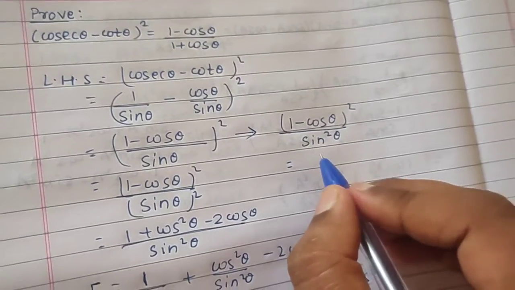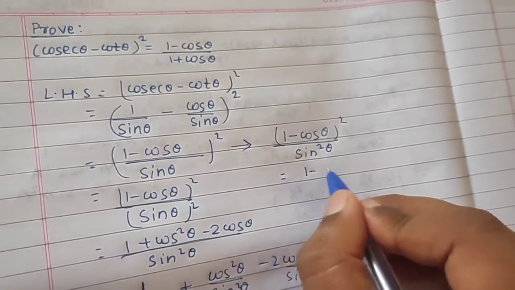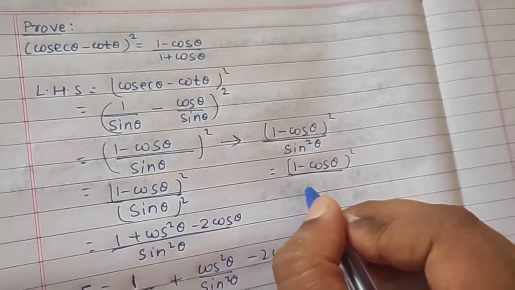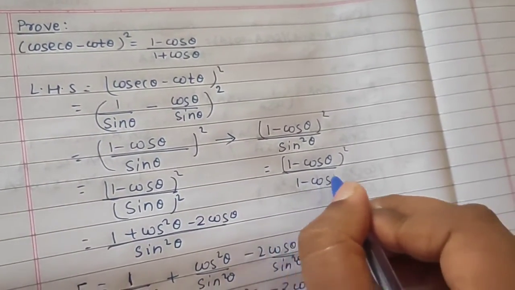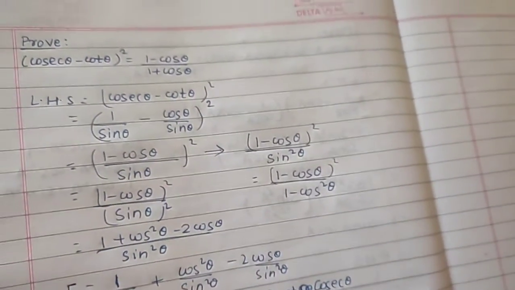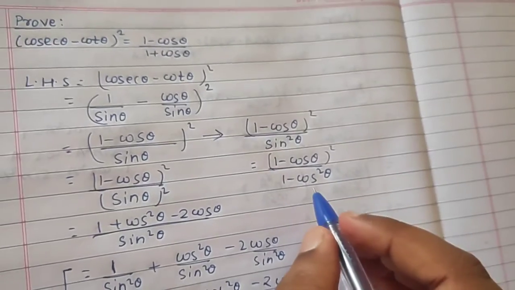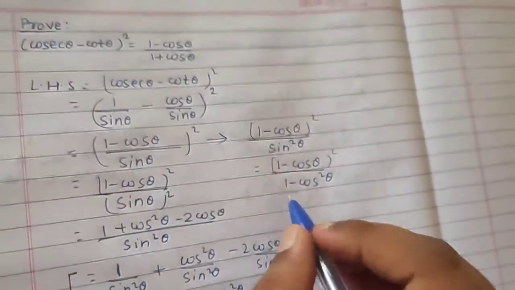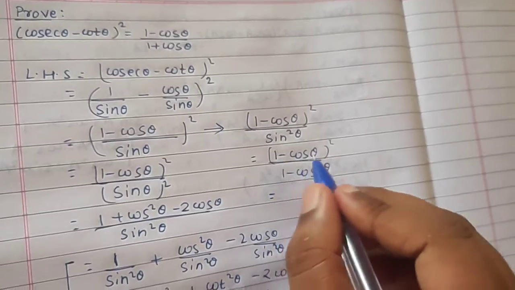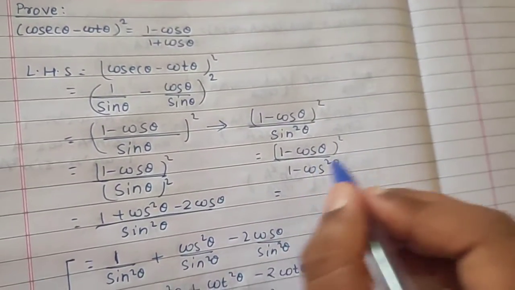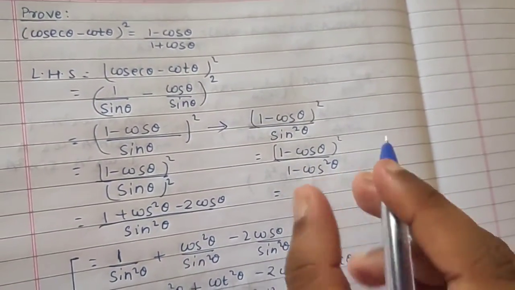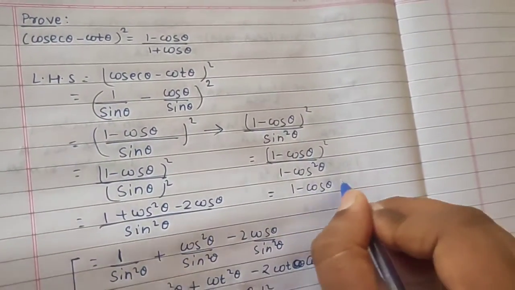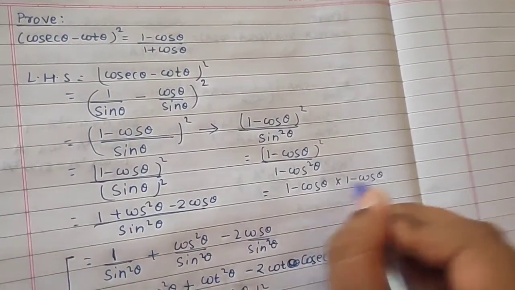Now after this what I can do is write this as (1 minus cos theta) whole square only. Sin square theta is 1 minus cos square theta. So 1 minus cos square theta is what I have written there. So I can now write this (1 minus cos theta) whole square as (1 minus cos theta) into (1 minus cos theta).